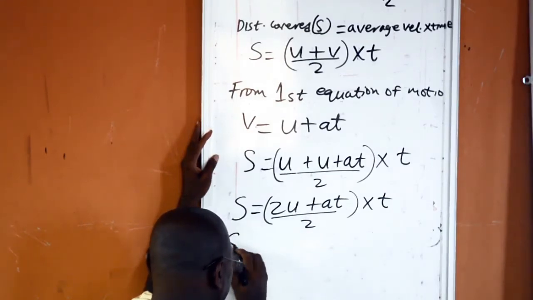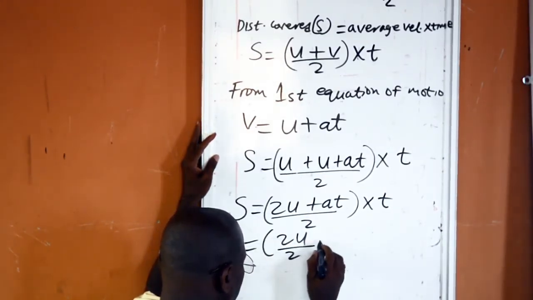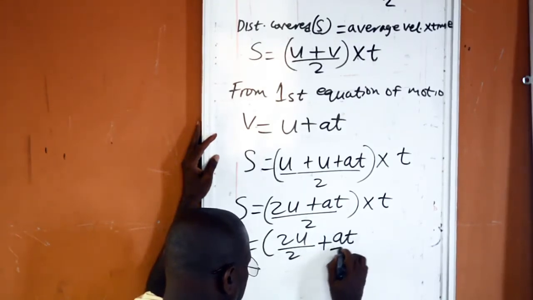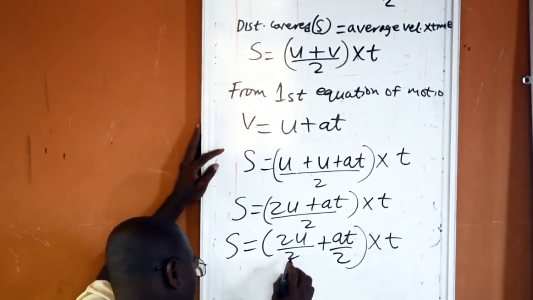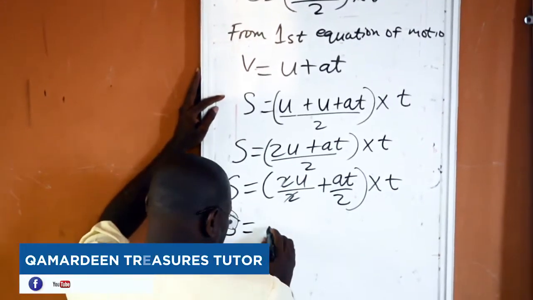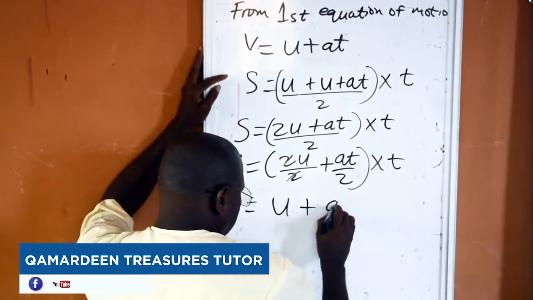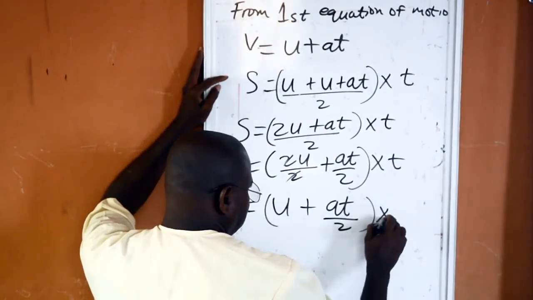So we have 2U all over 2 plus AT all over 2, multiplied by T. These two will cancel these two. We now have (U + AT over 2) times T.